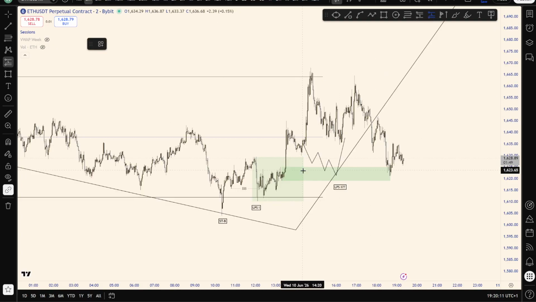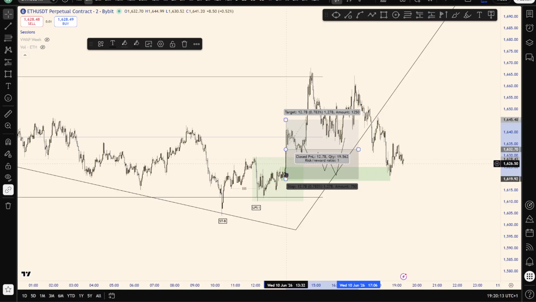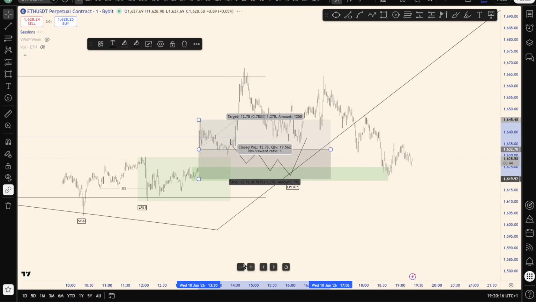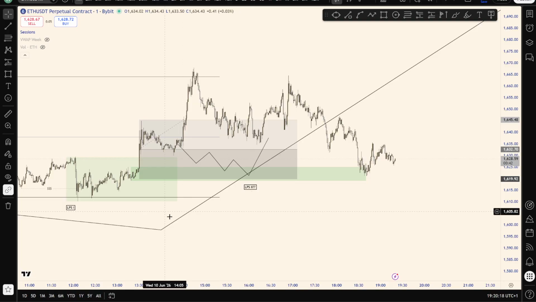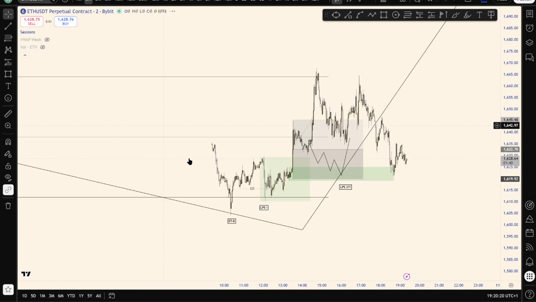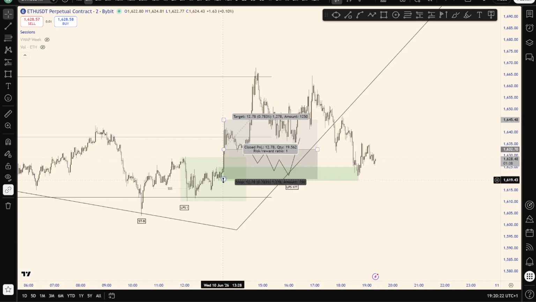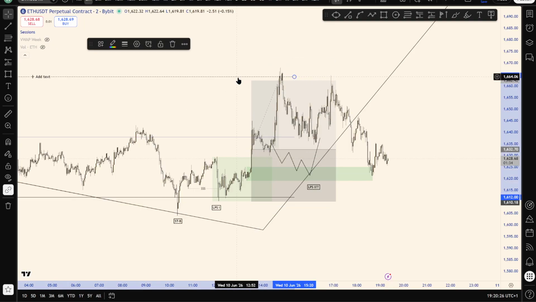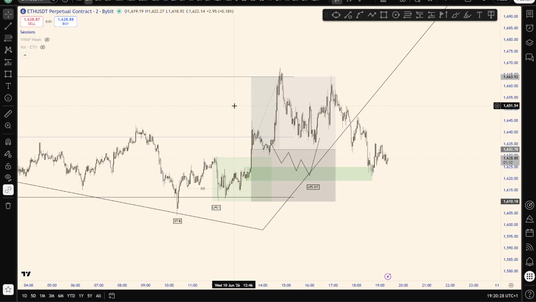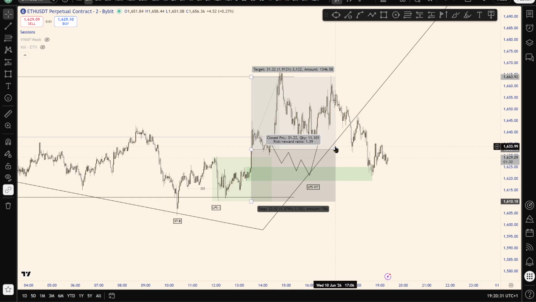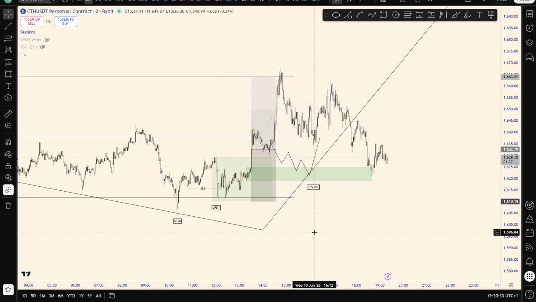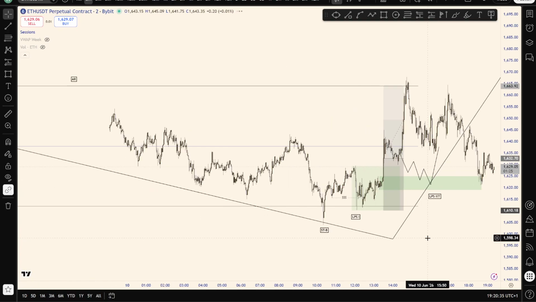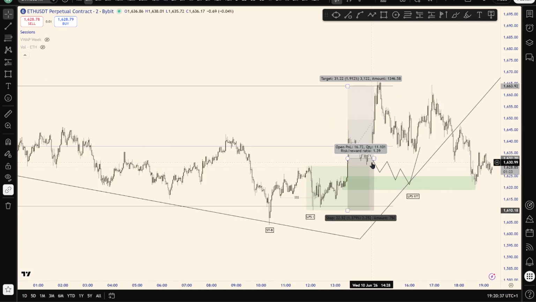We could enter here on the 1 minute, I think. Yeah, we could enter here or something like that, but this was technically valid, but that's not the best trade to take.